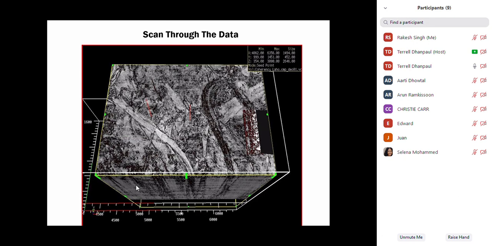But your opinion has to take into account the ground truth that is there, which is not the seismic, but your well markers, your biostratigraphic data. All these things have to be able to tell the story.